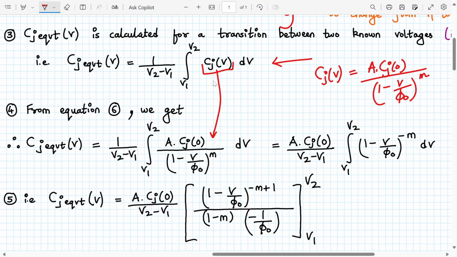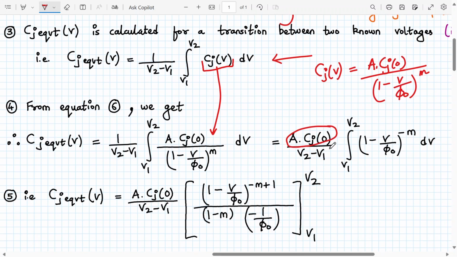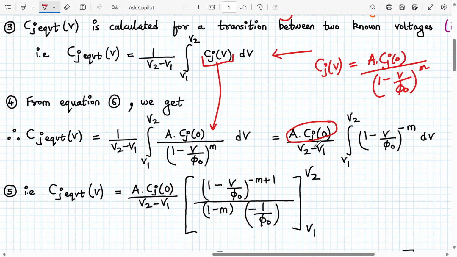Out of this, A Cj0 is a constant, so we take it outside the integral. So we get Cj equivalent of V will be A Cj0 upon V2 minus V1 times the integral from V1 to V2 of 1 minus V upon phi naught raised to minus m, dV.